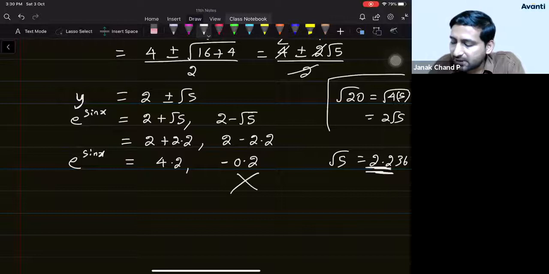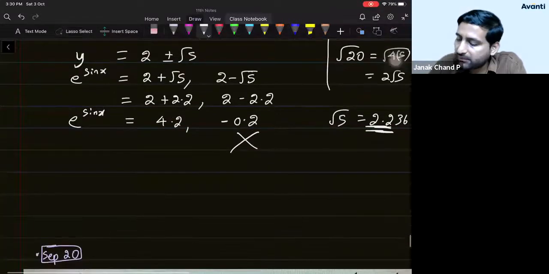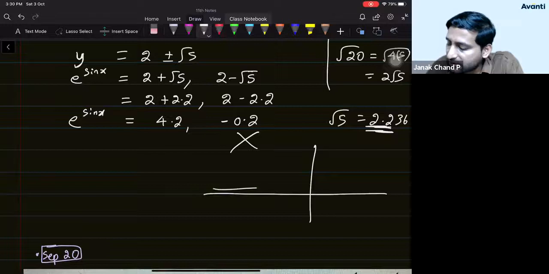The second one is ruled out, right? e to the power of sin x equal to negative 0.2 is ruled out because any exponential function can never be negative. Yes, because the height at any point for an exponential function cannot be negative, right? The exponential function will be either like this, right?